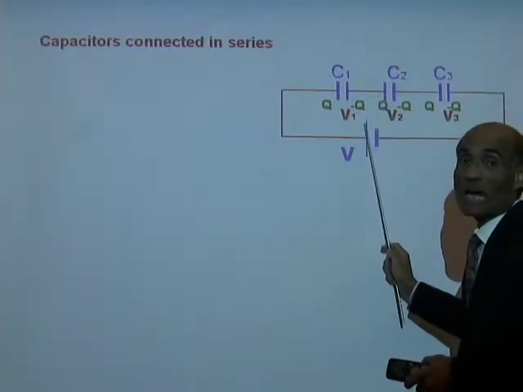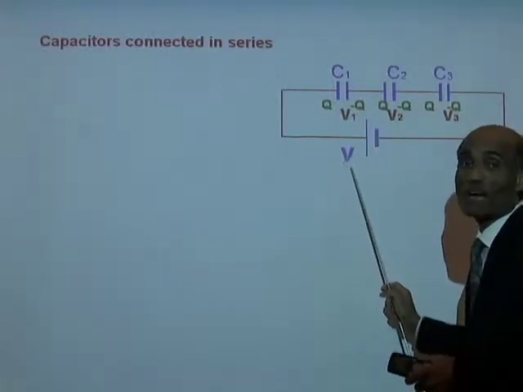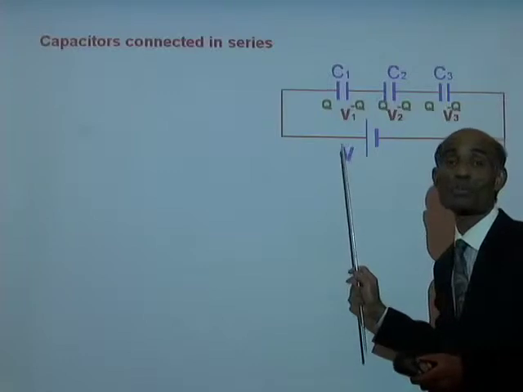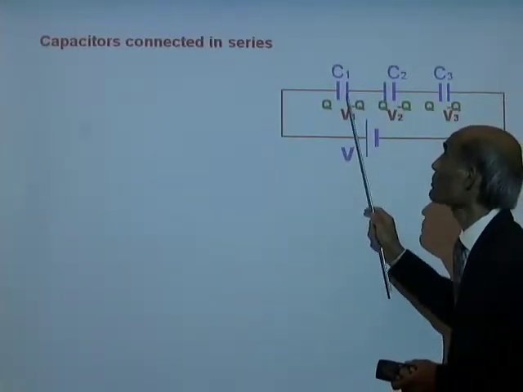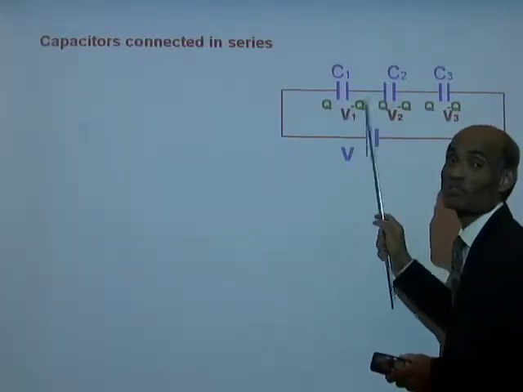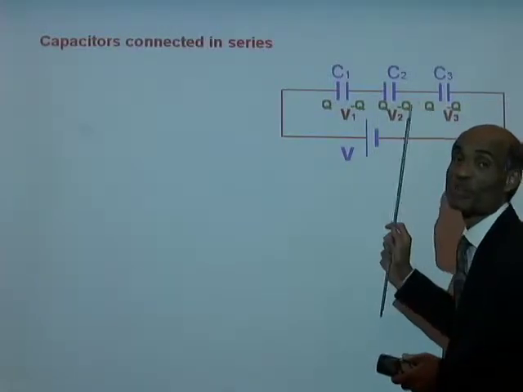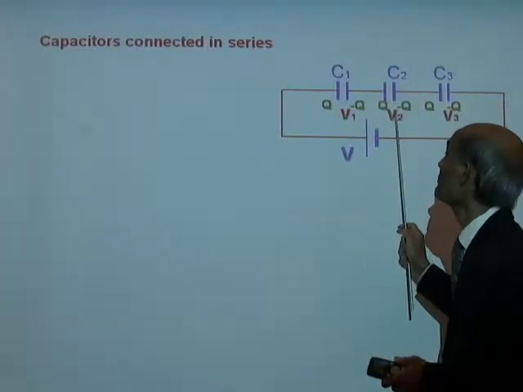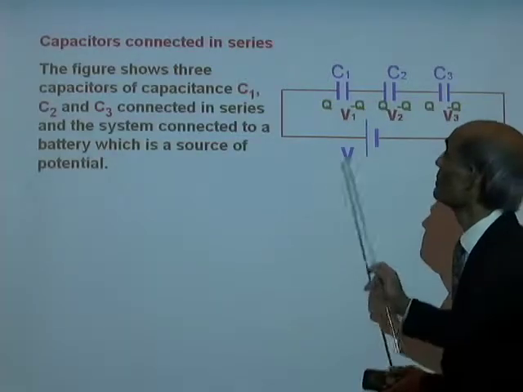You see, a battery has a positive end and a negative end. The battery provides a total potential V, and I told you that this total potential will be now divided among the 3 capacitors as V1, V2, V3, so that V1 plus V2 plus V3 will be equal to V.